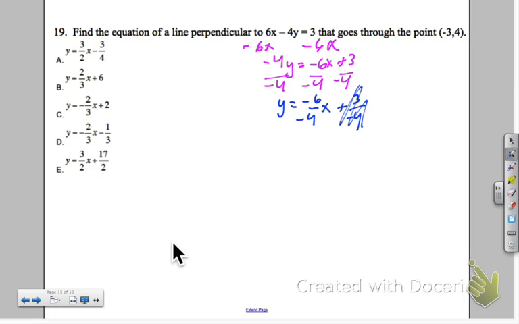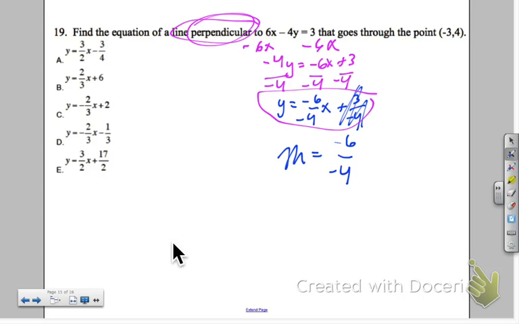Mine has to be perpendicular to this line. So the slope of that line is negative 6 over negative 4, and yes, I should reduce that, but even if you don't, it's okay at this point. So my line is going to have a slope of, if that's a negative over negative, that's a positive number, so mine's going to be a negative slope.